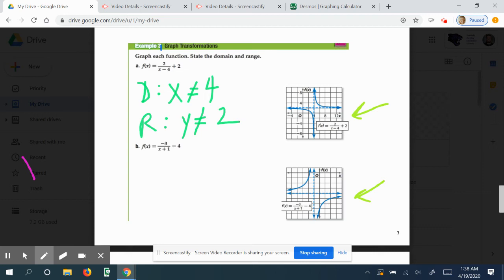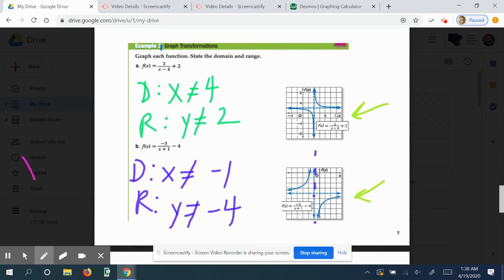We can do the same again, all right? And if you wanted to, you could graph on Desmos. Otherwise, they have it here for us, right? Okay. So our domain is x cannot equal -1, and our range is y cannot equal, in this case, it would be -4, right?